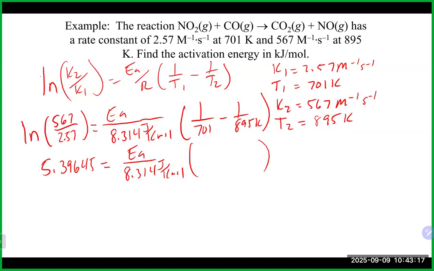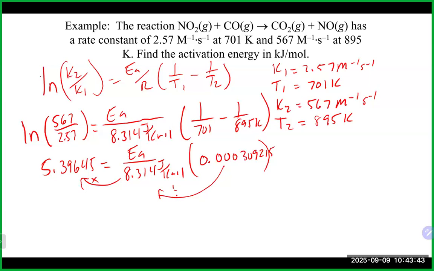So 1 divided by 701 minus basically 1 divided by 895 in this case is going to get us 0.000309215. However you want to do it, you got to multiply that to the other side, and you do need to divide that, I believe, the other side as well.